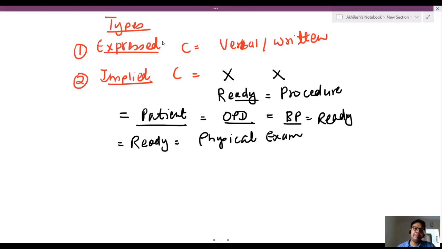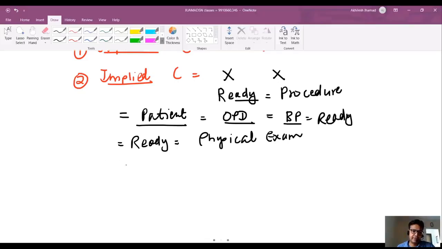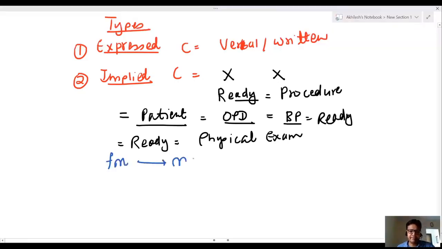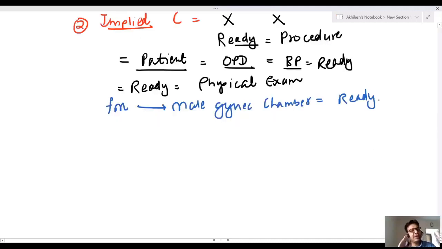A very simple example: a female patient going to a male gynecologist's chamber means the female patient is ready to get examined by the male doctor.